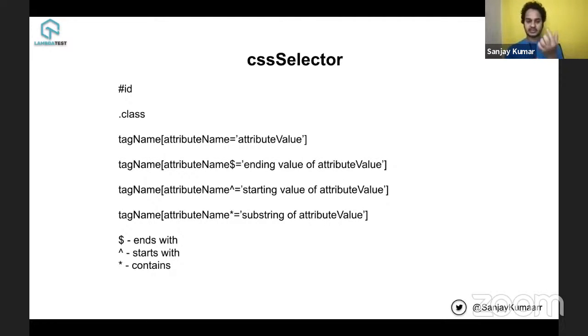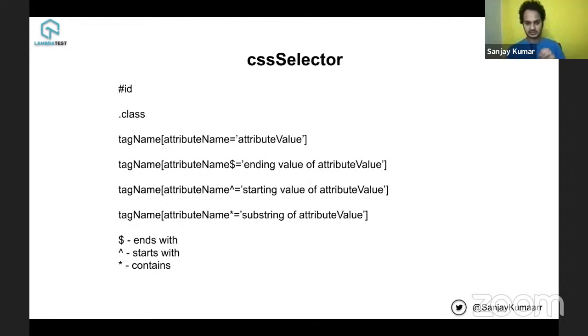Similarly, CSS selector also has n number of functions. If we have to write the CSS selector with an ID value, then we use hash before the ID value. If we write the CSS selector using a class value, then we have to replace all the spaces by dots and join all the words in the class value by dots. Then there is another function in CSS selector: tag name [attribute name = attribute value].